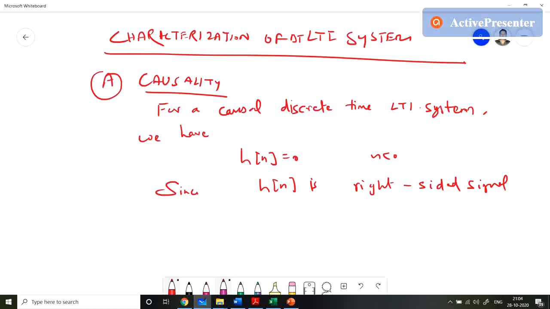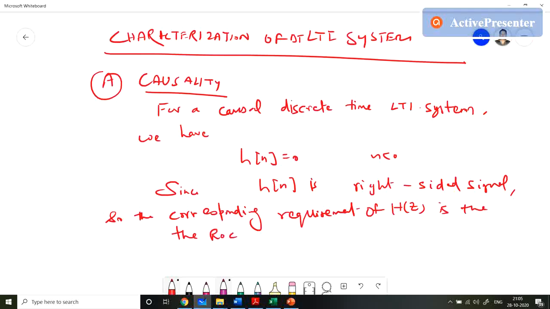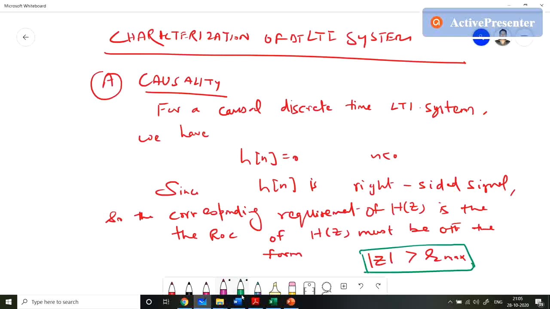So the corresponding requirement of H(z) is that the ROC of H(z) must be of the form modulus of z greater than R max.